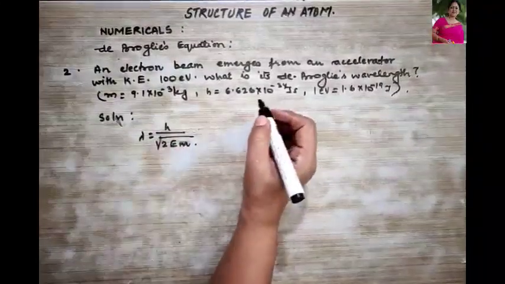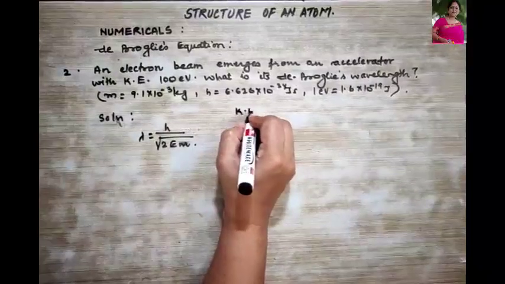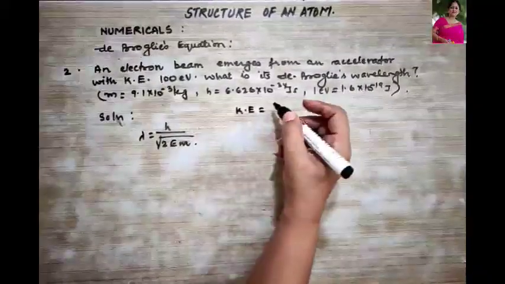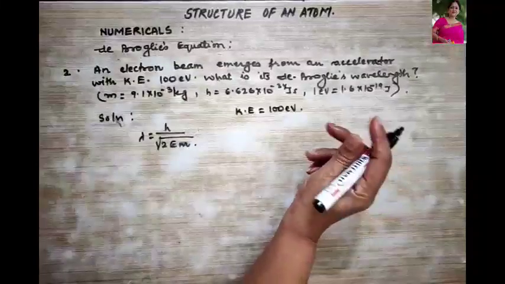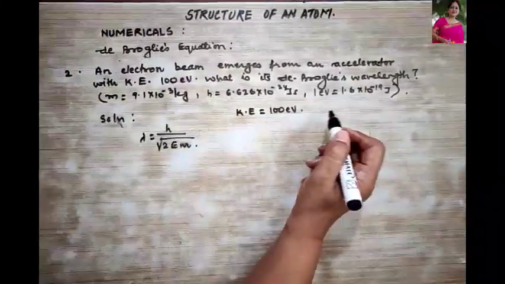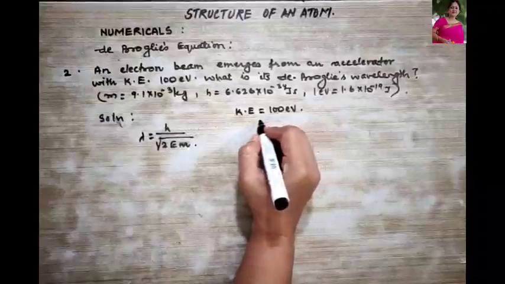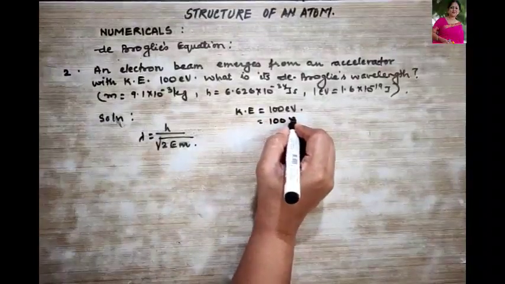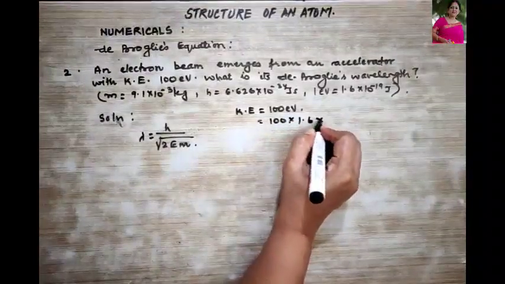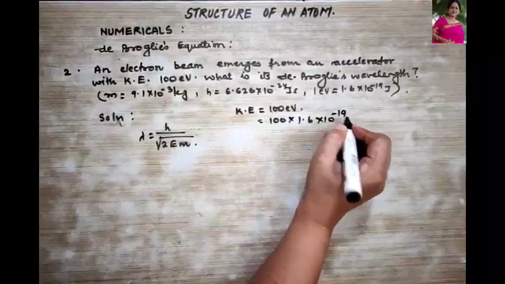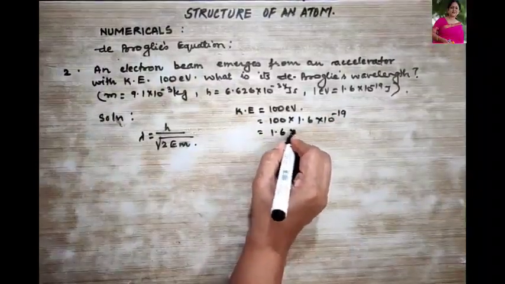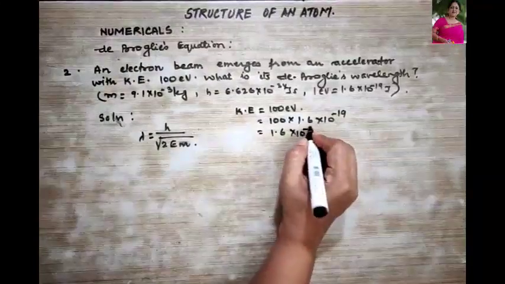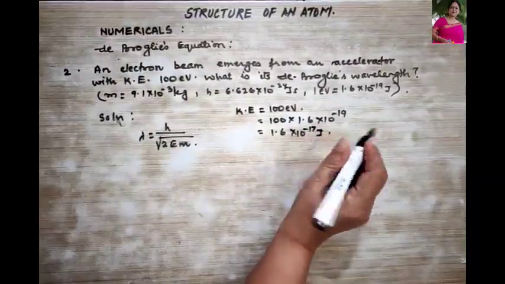Fine. Now we know that kinetic energy is given as 100 electron volts. Okay, and it has to be converted to joules. So this will be equal to 100 into 1.6 into 10 to the power minus 19. So this will be equal to 1.6 into 10 to the power minus 17 joules.